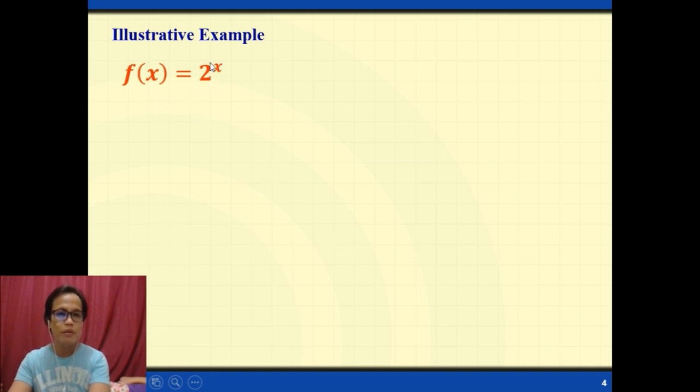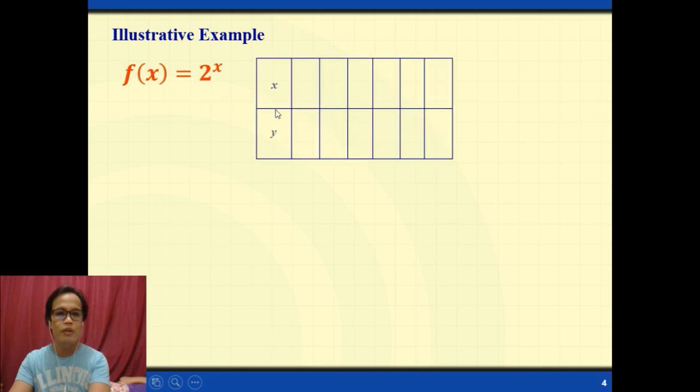In this case, our a is 2, which is greater than 0 but not equal to 1. Now, we will plot the graph of this function. How do we plot the graph of this function? First things first, we need ordered pairs in order for us to plot the graph of this function.